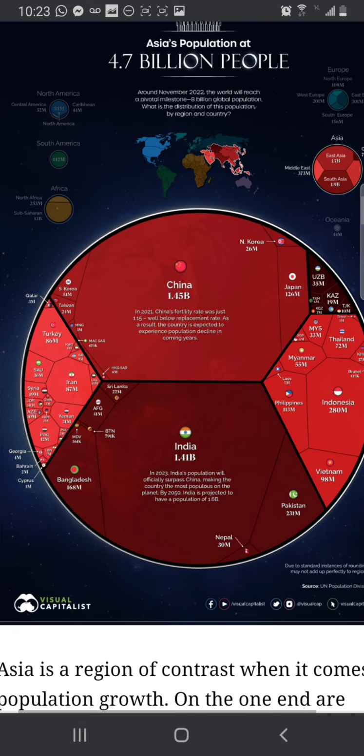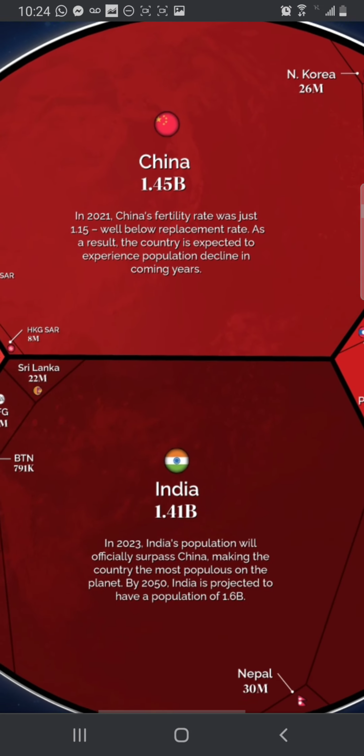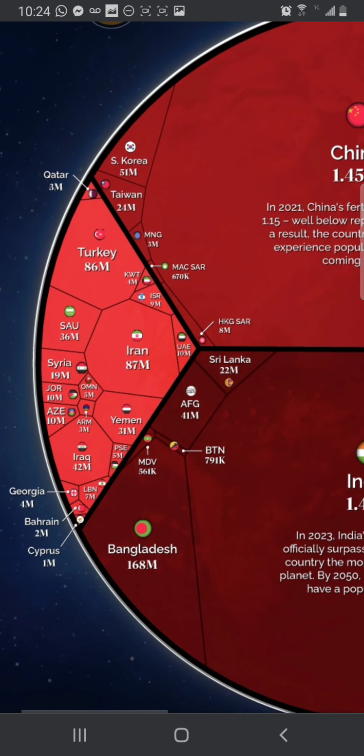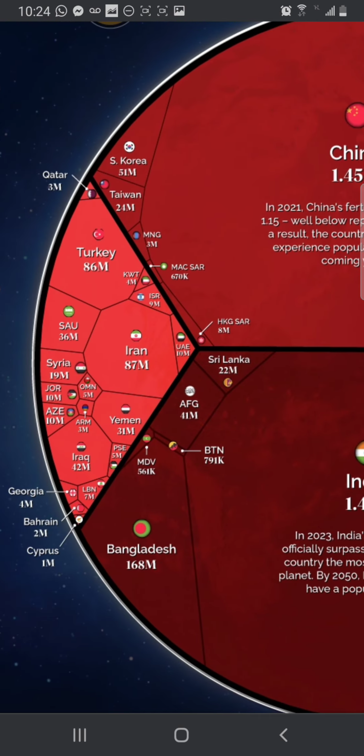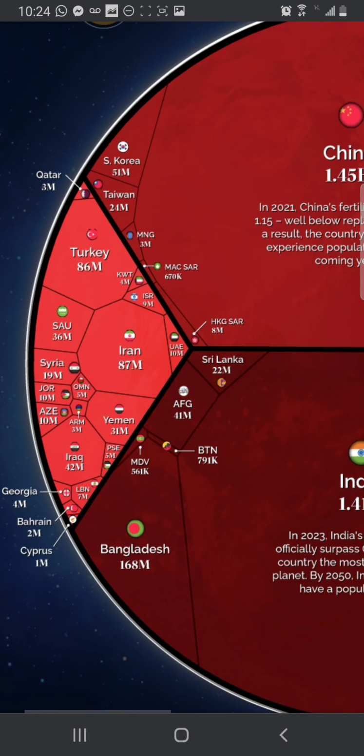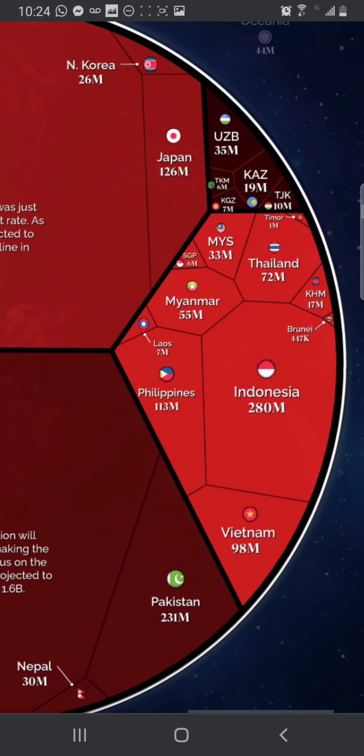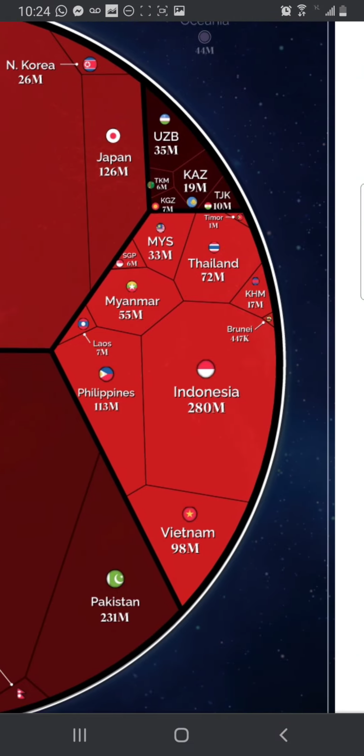So here's Asia. India, Turkey, Iran, Saudi Arabia, Syria, Jordan, Iraq, Yemen, and to the other side, Malaysia, Thailand, Myanmar, Philippines, Indonesia, Vietnam.